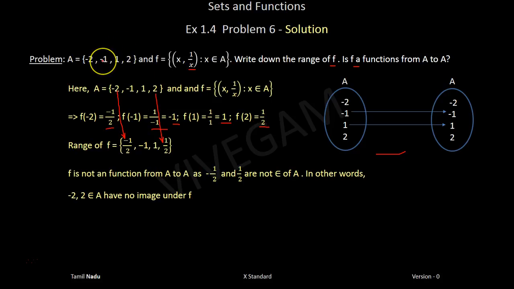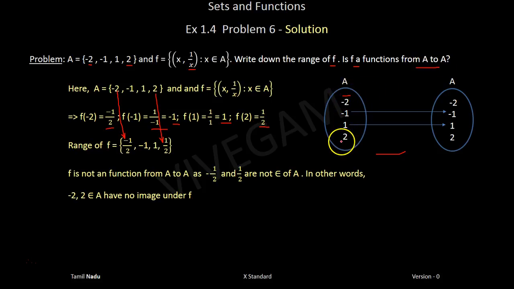But for -1 the image itself is -1, and for 1 you have an image which is 1, which is also okay, but for these two elements you do not have the image in the set A itself, so it is not a function from A to A. You are able to get it?